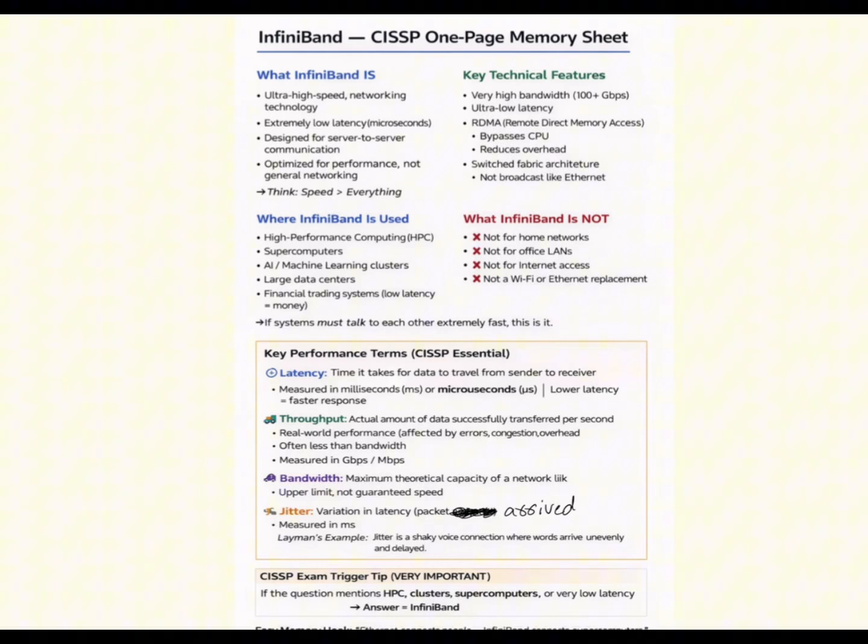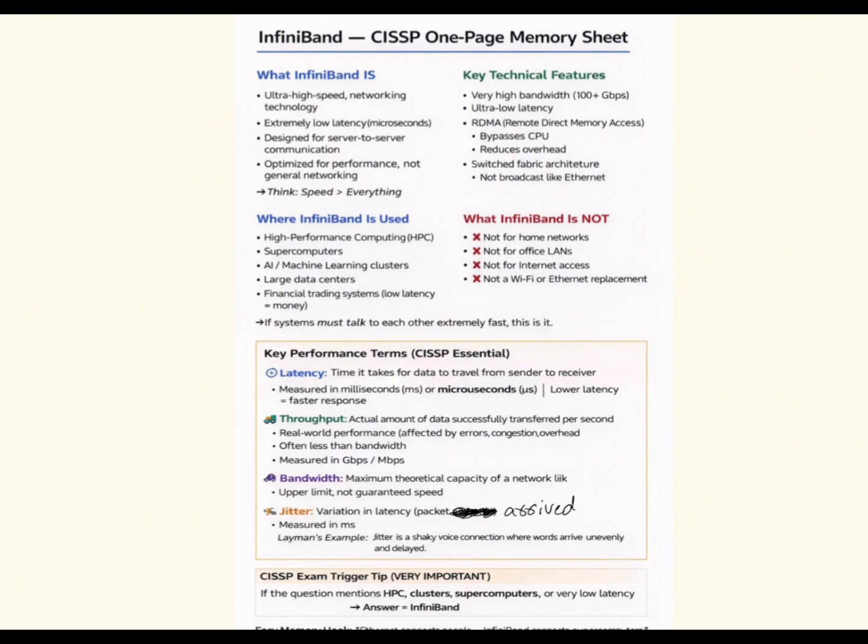It includes hardware, protocols, switching fabric, transport mechanism. It's not just a protocol, it's more than a protocol, it's more than bandwidth.